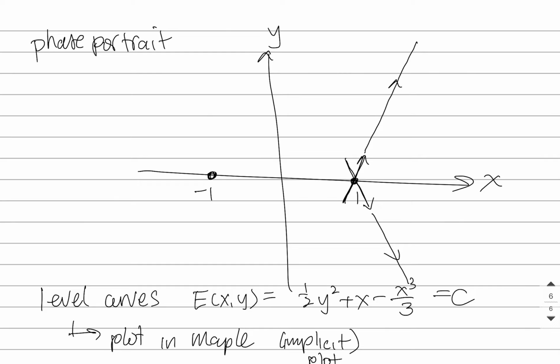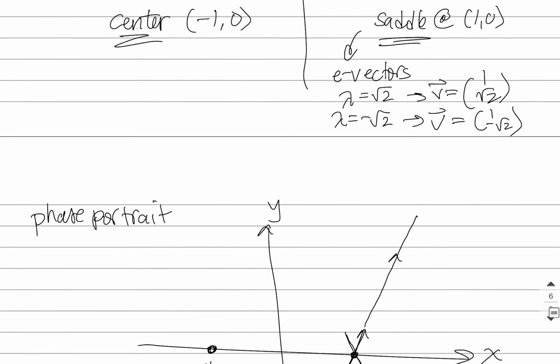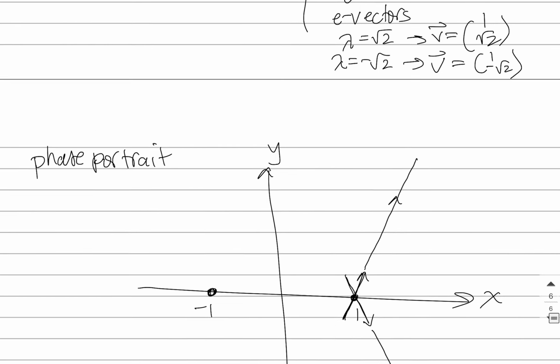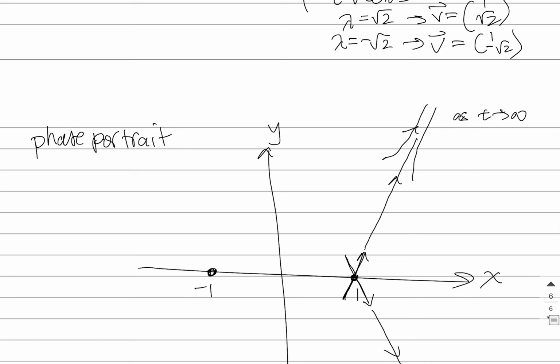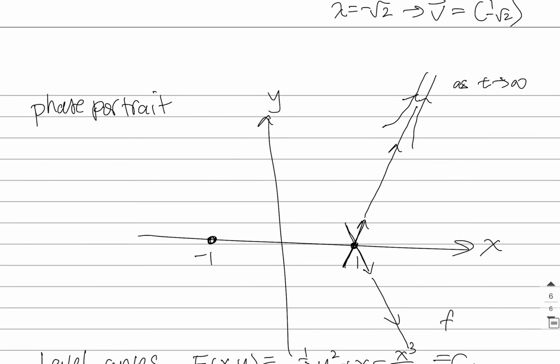Now, for the eigenvalue of root 2 will be in this positive direction. So as t goes to infinity, all the trajectories are going to approach this direction here. And from t negative infinity, everything will start off this eigendirection.